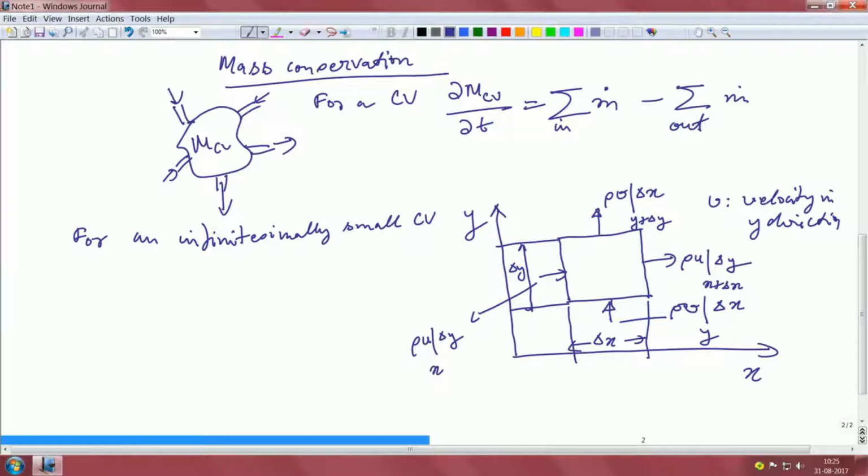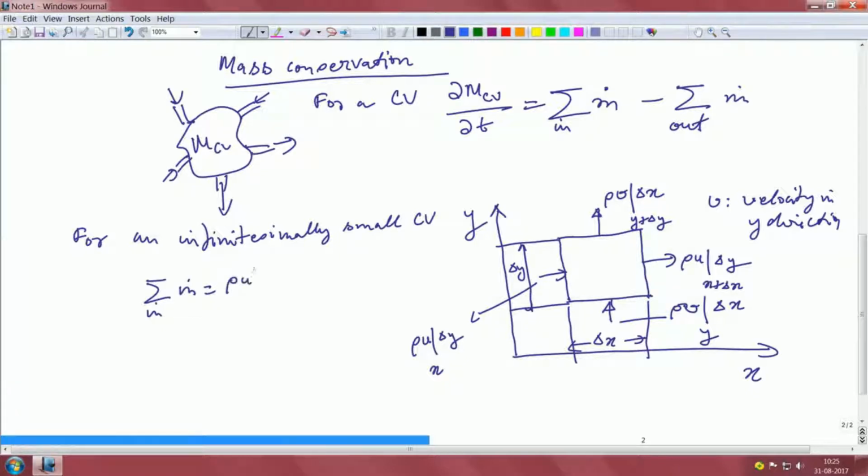So, once again u is evaluated at x and at x plus delta x, and these two u's are actually different.